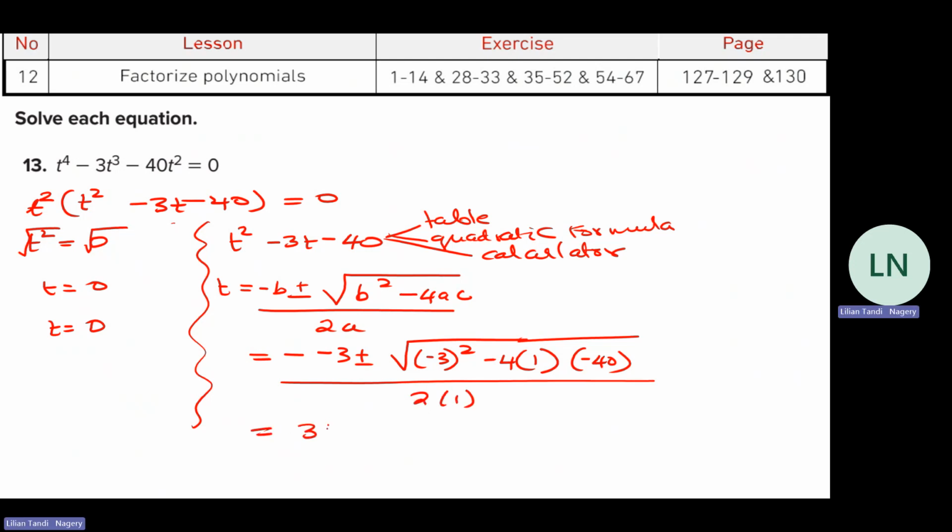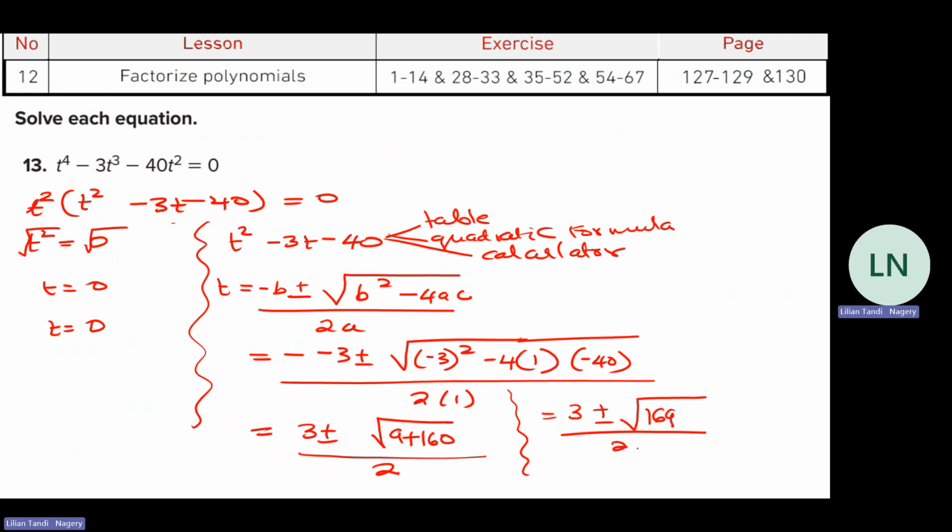That gives you 3 plus or minus square root of 9 plus 160 over 2. That gives me 2 answers. Before I get there, we'll get 3 plus or minus square root of 169 over 2, 3 plus or minus 13 over 2.